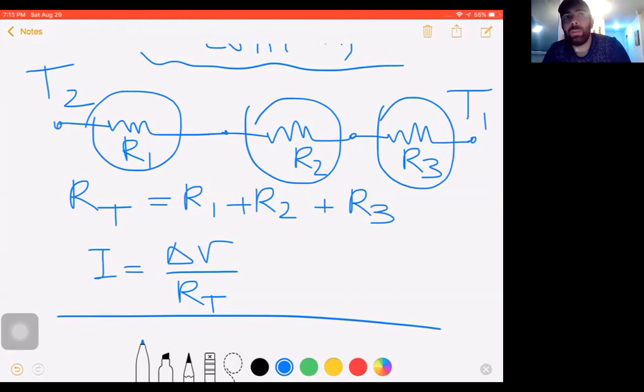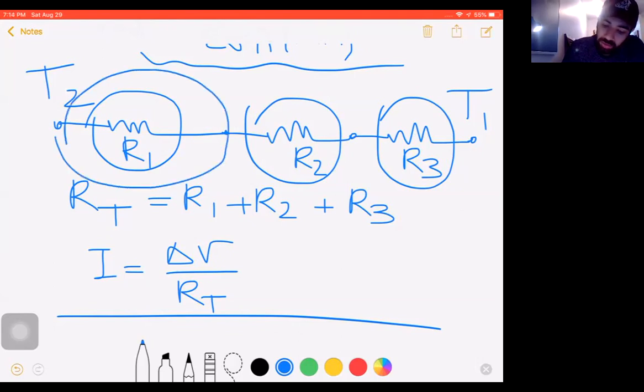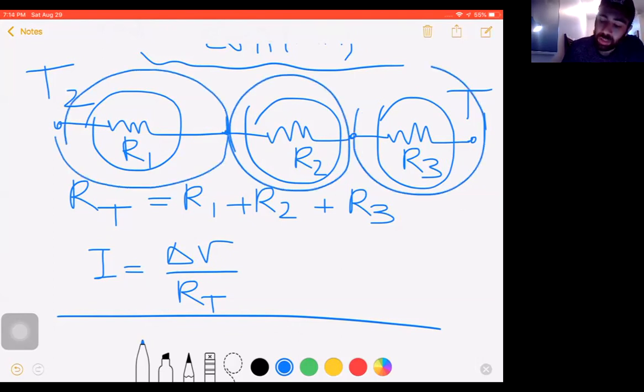That makes our problem much easier, because otherwise we would have to solve our problem for each section separately. So basically, adding up these resistivities together makes our problem much easier.